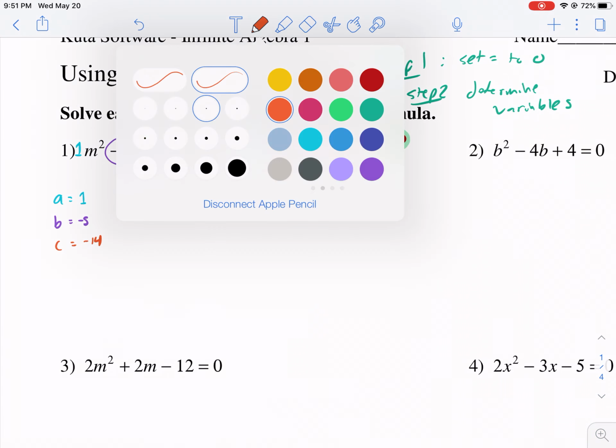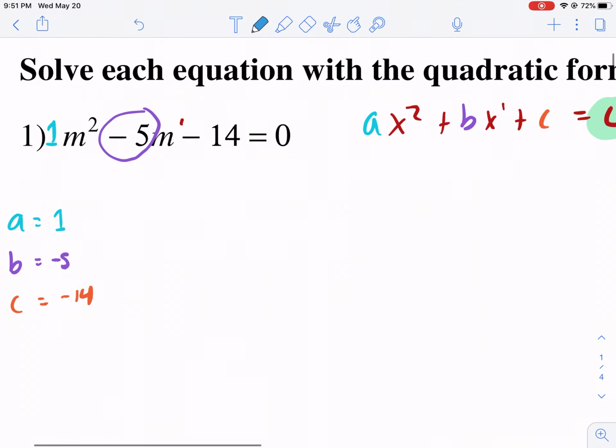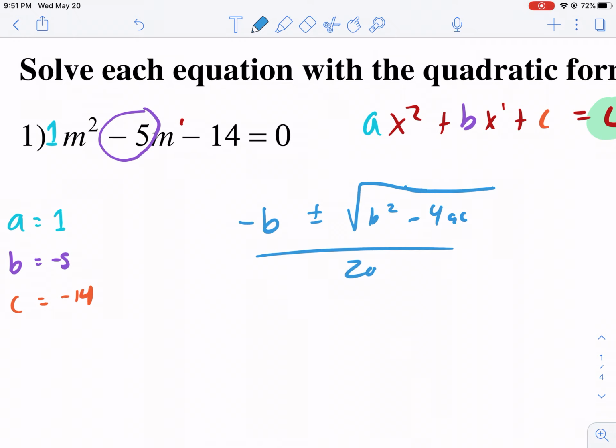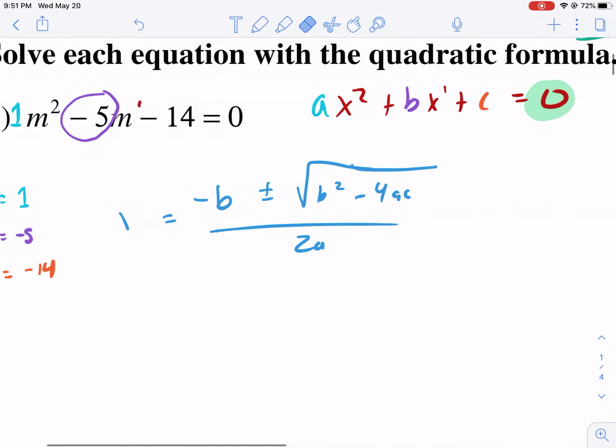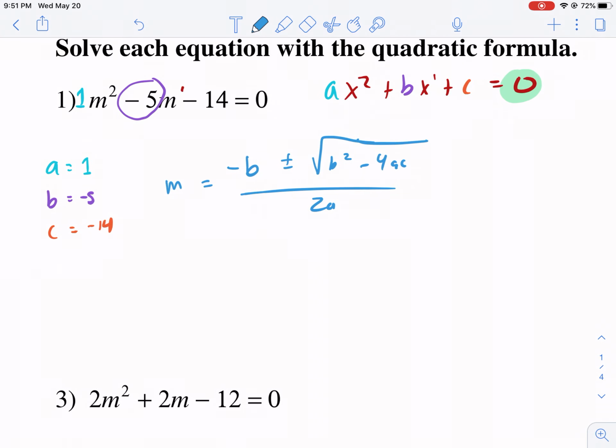Now we are going to plug this into the world's favorite formula, which is negative b plus or minus the square root of b squared minus 4ac, all over 2a. That's going to be equal to our x, but in this case it's m. This is just a matter of plugging in.